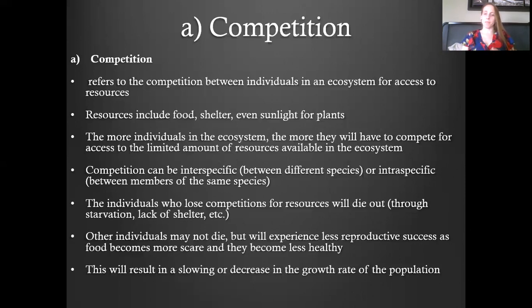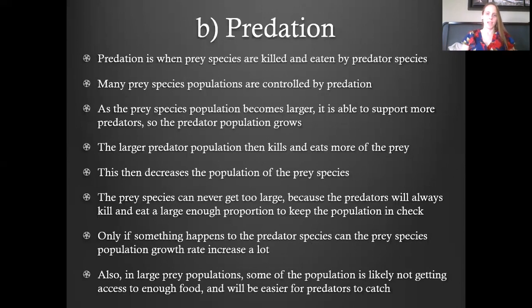That competition can be interspecific or intraspecific, and individuals that lose will die usually, or will have less reproductive success. So because of that, that slows down the growth rate of the population.